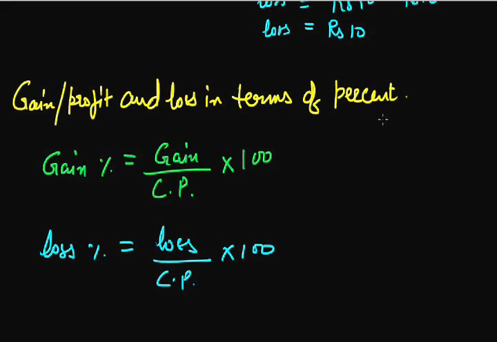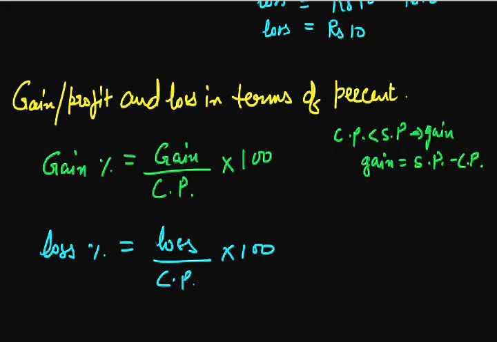Now the gain is calculated when the cost price and selling price are given. Whenever we have the cost price less than the selling price, we have a gain, and the gain is equal to selling price minus the cost price.